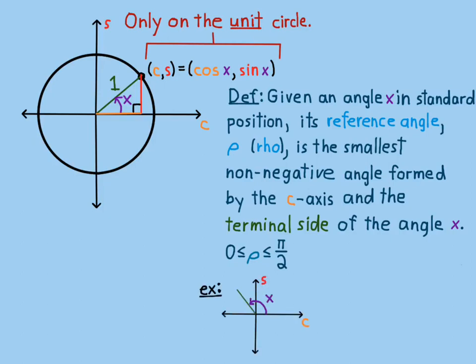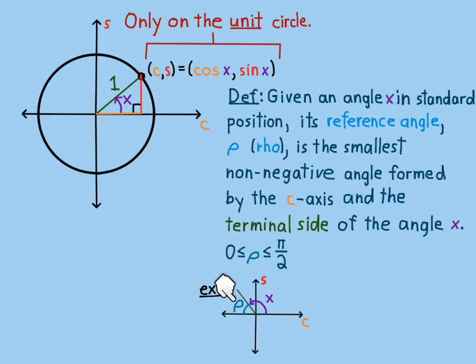So for example, suppose I was in quadrant 2. My terminal side is in quadrant 2, and I have this angle x, right? Then rho would be the shortest distance, the shortest drop. You just drop a perpendicular, really, from the terminal side to the c-axis, and you measure that angle. So it's different than x if you're in the second quadrant.